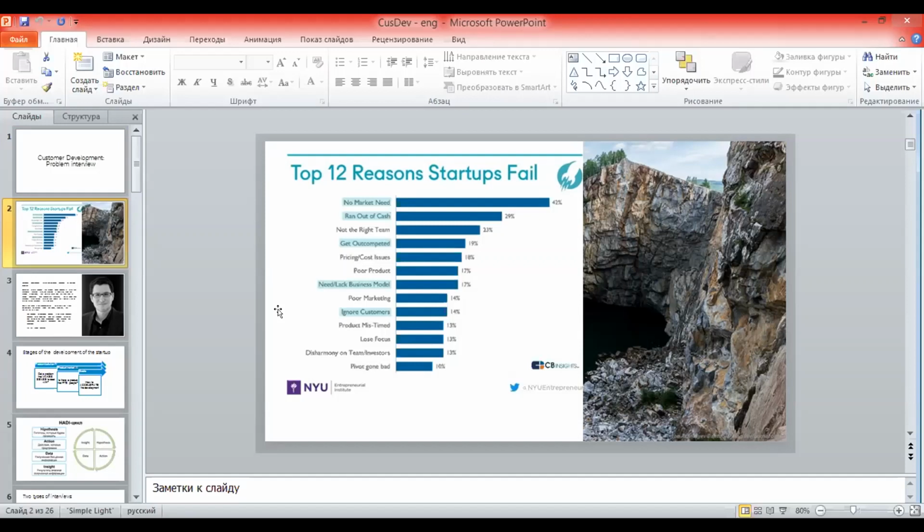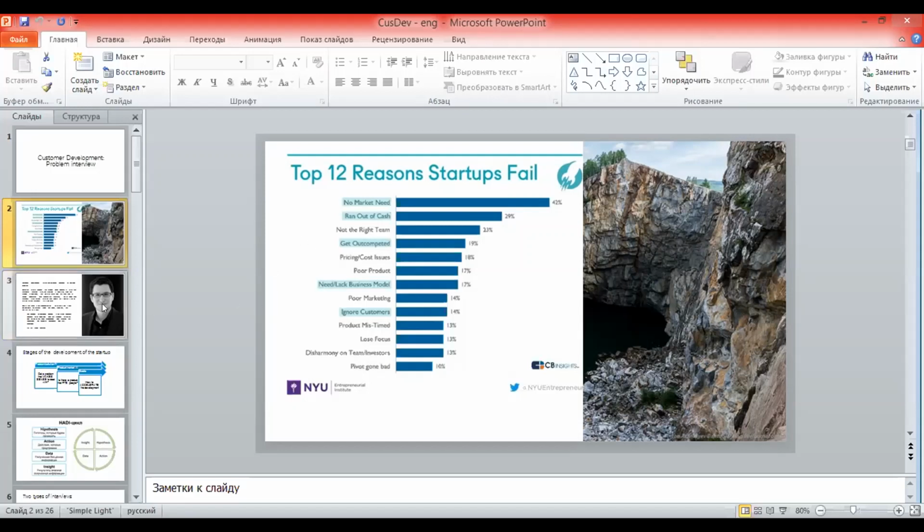There are also reasons like not enough money, or the team was not good enough. But from my experience and from studies that I found, launching a product which is not really needed by the market is, in most cases, the top reason of startup failure.